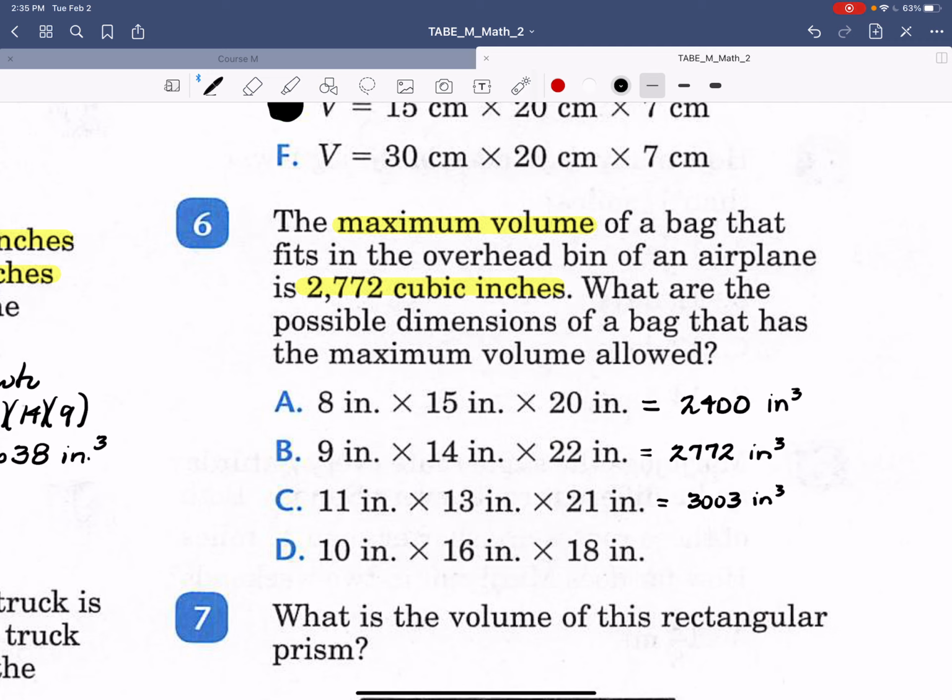And then 10 times 16 times 18 is 2880 cubic inches. So these two are over the limit. They're too big. This one is under the limit. This one is exactly.